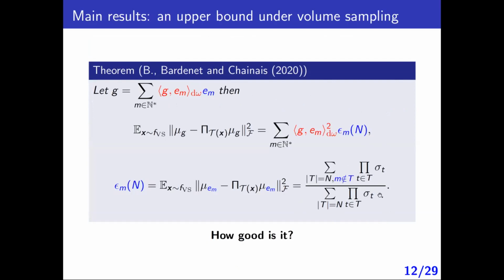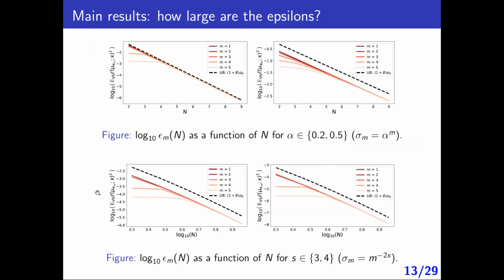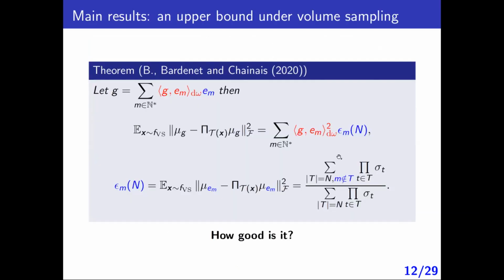So we have this nice formula, and the question is, can we see something interesting about the rate of convergence of this epsilon m? And if we do it numerically, we can approximate the ratio by truncating and taking a sufficiently big truncation.